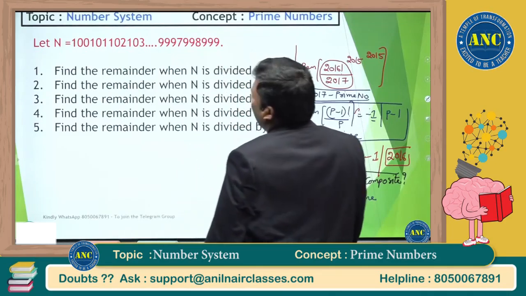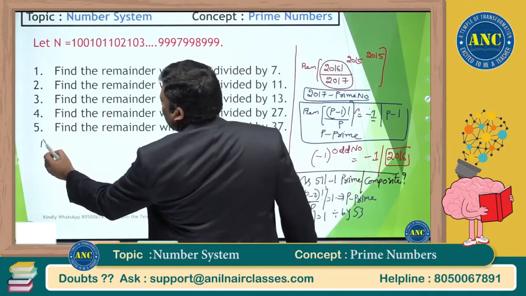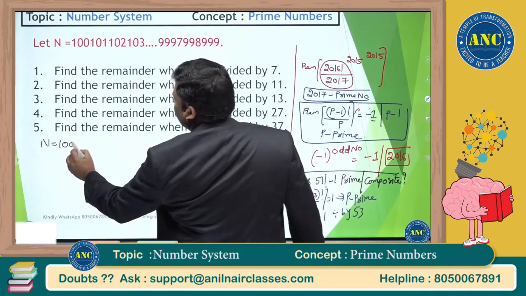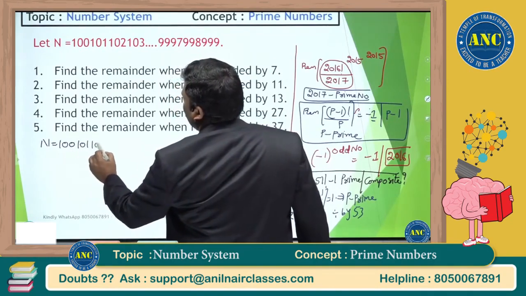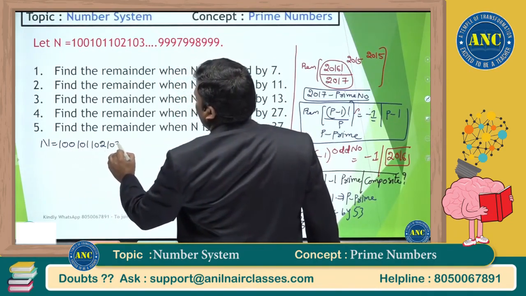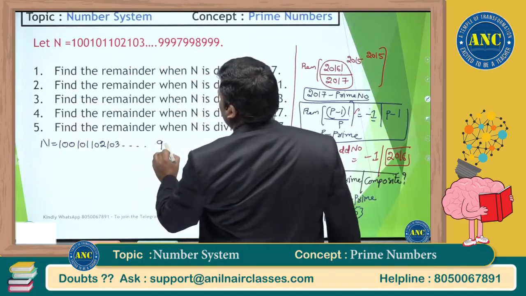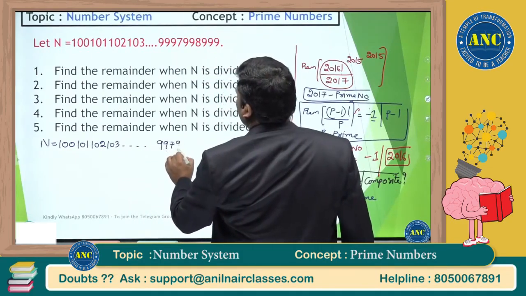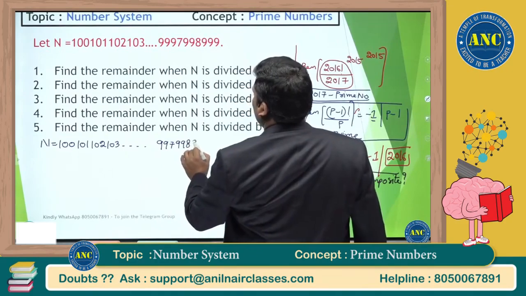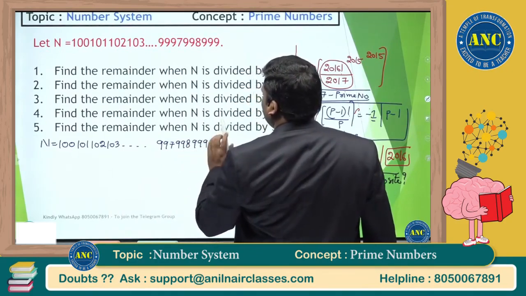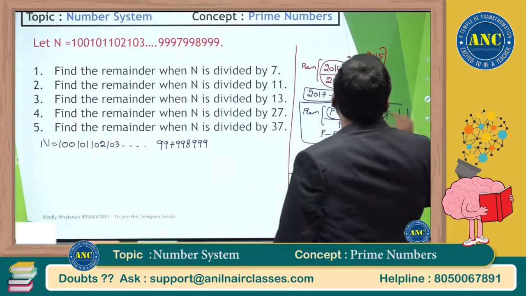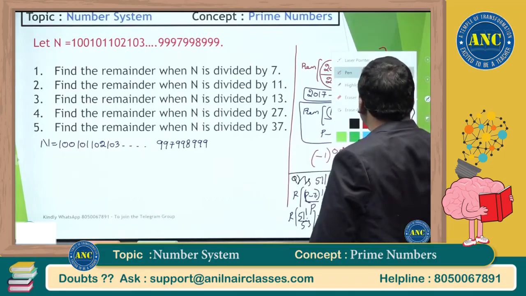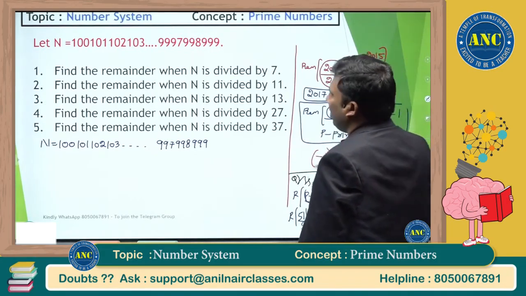Now, n is 100, 101, 102, 103, and so on up to 997, 998, 999. So how many numbers are there? These are all 3-digit numbers.